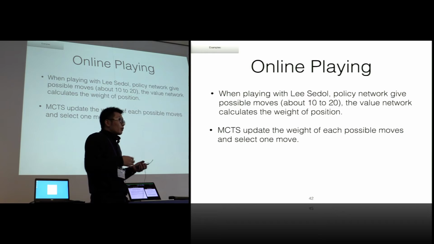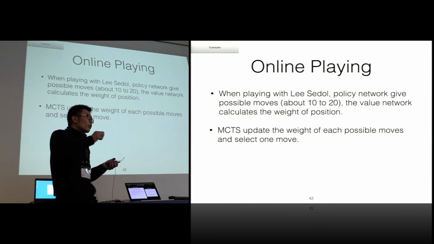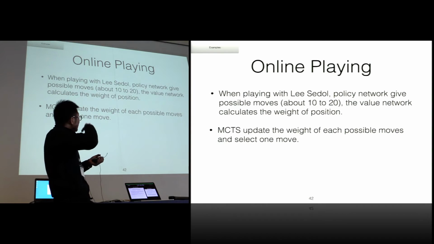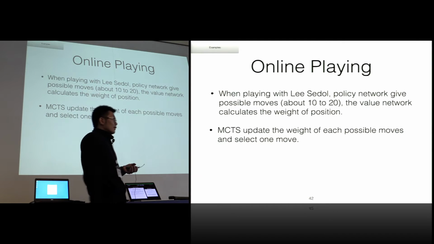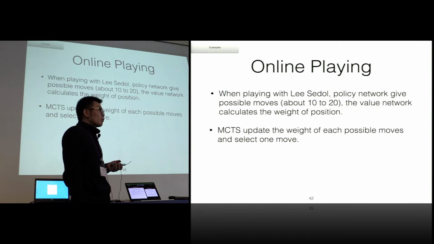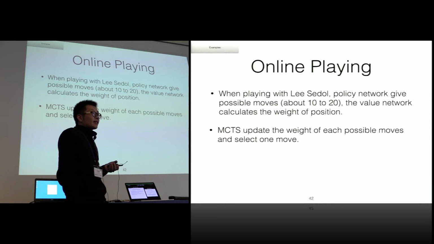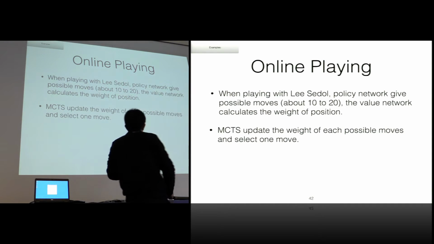The innovation of DeepMind is that they use deep neural networks to make the Monte Carlo tree search smart, smart enough that it is possible for an HPC system with hundreds or thousands of CPUs to beat a human.